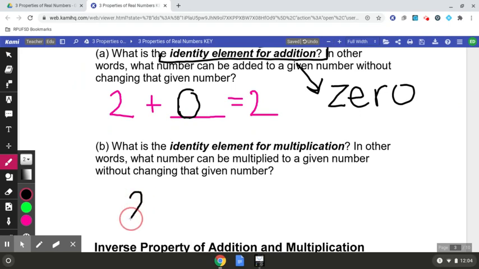So now let's think about it for multiplication. What number, if I start with 2 again, could I multiply by and again still end up with 2? Obviously it's not 0, because if I multiplied 2 by 0, I would get 0. So think about a number, take a second, and I'll keep quiet. What could you multiply by that would keep that answer 2?